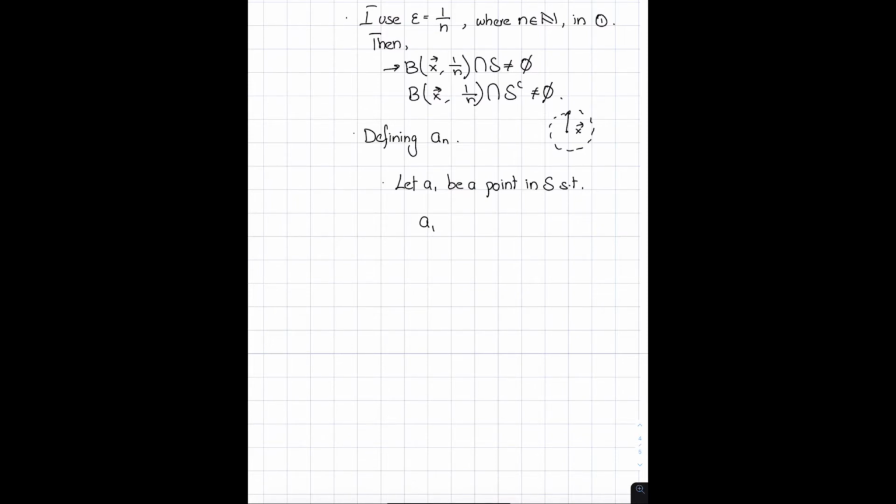So it should just be: let a sub 1 be a point in S such that a sub 1 is an element of the ball centered at vector x with radius 1. Then we continue this process inductively: let a sub n be a point in S such that a sub n is an element of the ball centered at vector x with radius 1 over n.